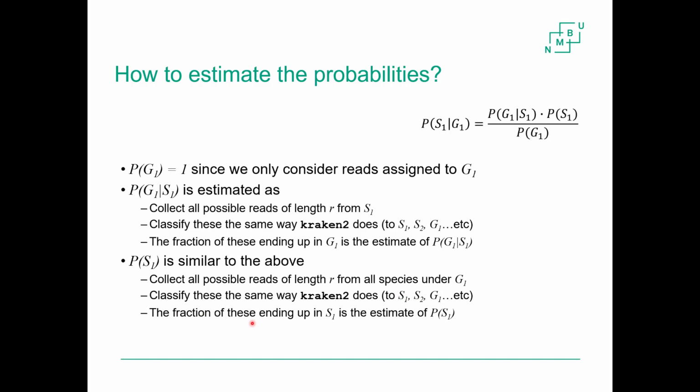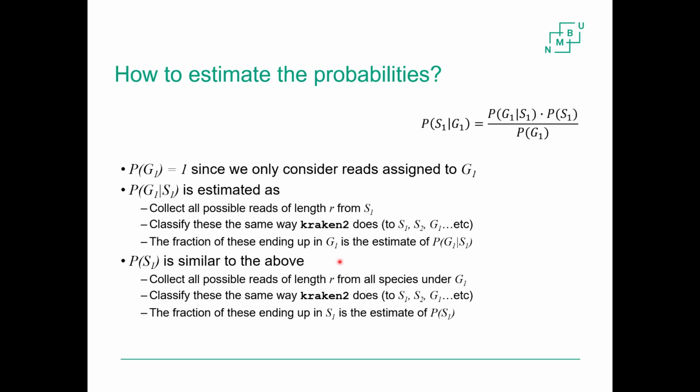And the fraction of these reads that end up in S1 is the estimate of this. So you can see that this reflects the number of reads that you can generate from all these genomes that are unique to this species here. While up here, it's sort of the other way around. It's all the reads you can generate from one particular species that are not unique to that species, that are shared with the others and therefore end up here.